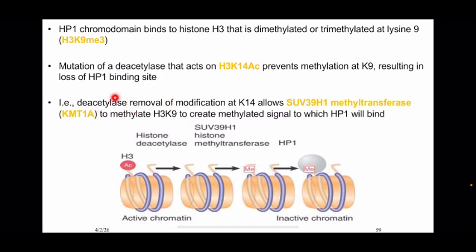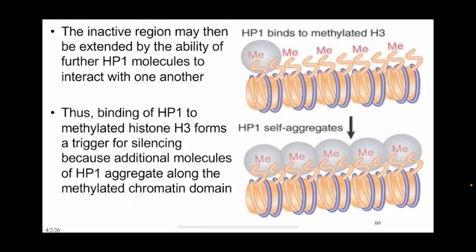So deacetylases are going to remove acetylation at K14 and will allow a type of methyltransferase called SUV39H1 to methylate K9. This methylation is what is going to create the binding site for HP1 to bind. So when HP1 binds, it is going to cause an inactive region.